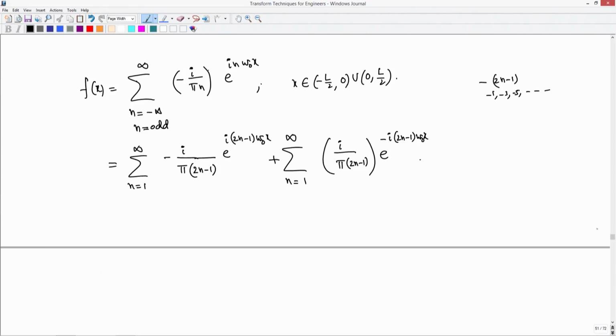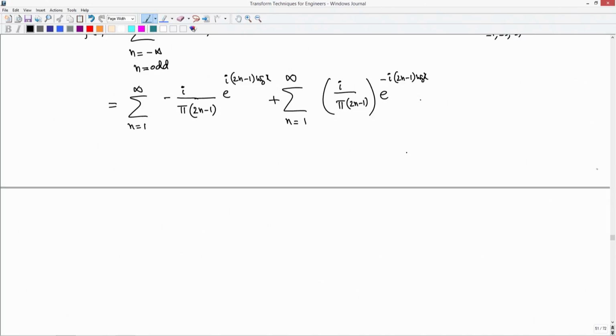So, these are the two sums, and we can combine them, with n from 1 to infinity. You write minus I divided by pi times 2n minus 1, and the sum is 2 times this difference.